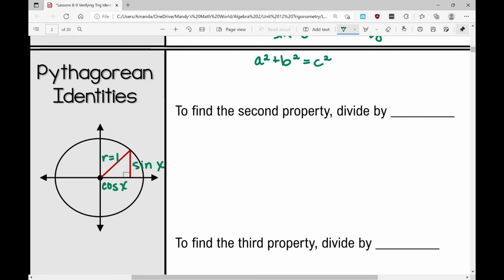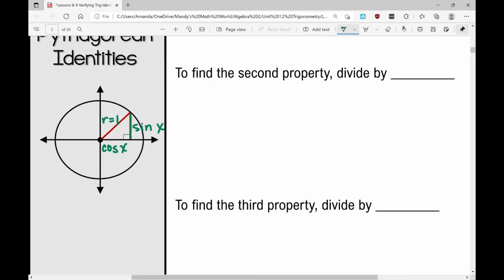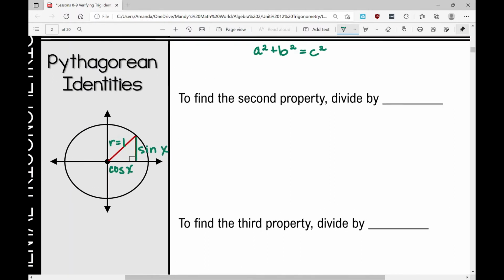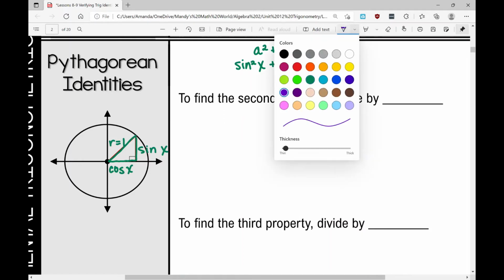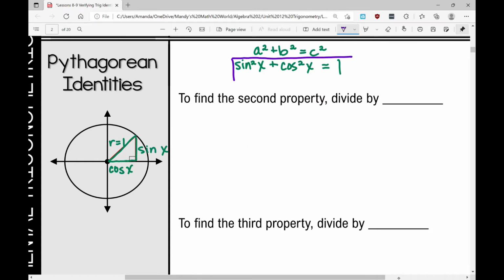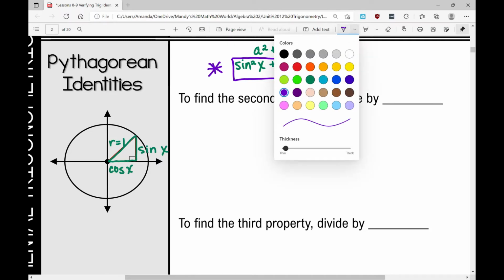This means if I take sine x and I square it, and I can write that just like this, sine squared x, and I add it to cosine x squared, which is cosine squared x, that's how I write that, equals the hypotenuse squared, which 1 squared is just 1. And this is your first Pythagorean identity, and that is how it's derived. Sine x squared plus cosine x squared equals 1. It's just something that you need to memorize.